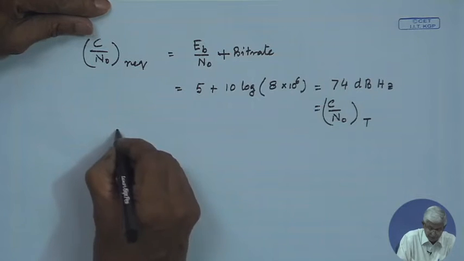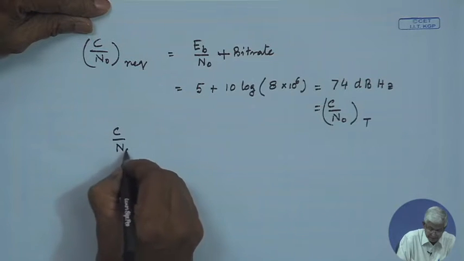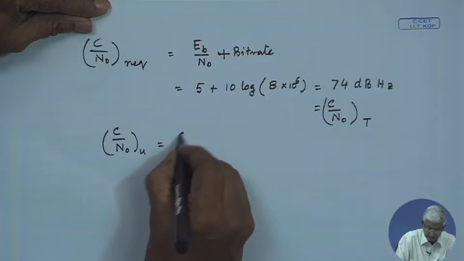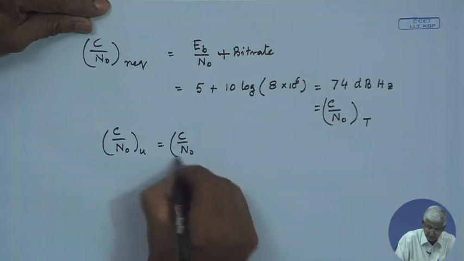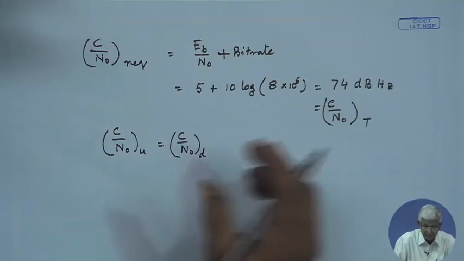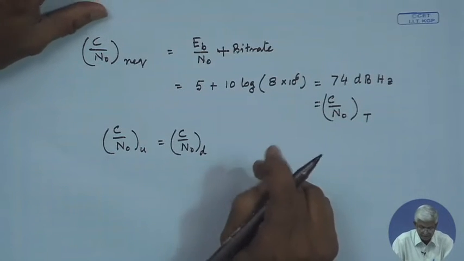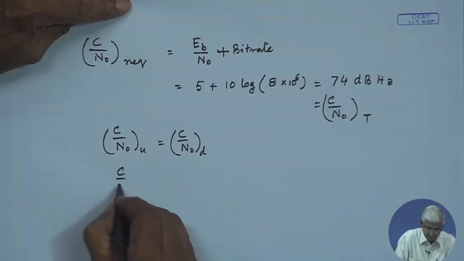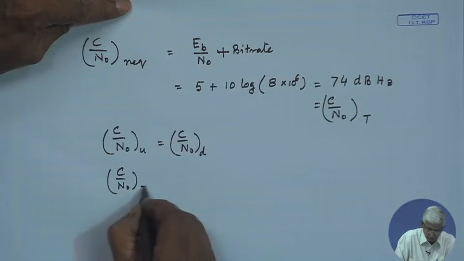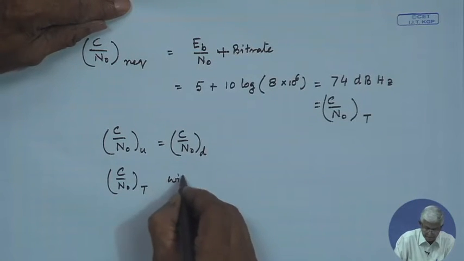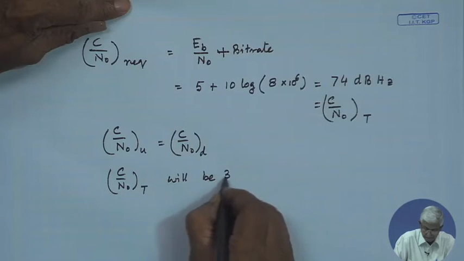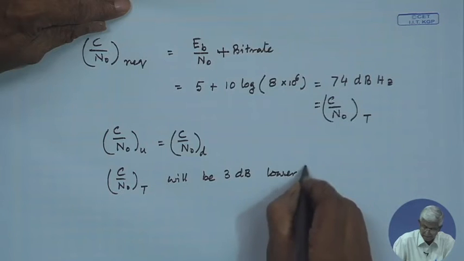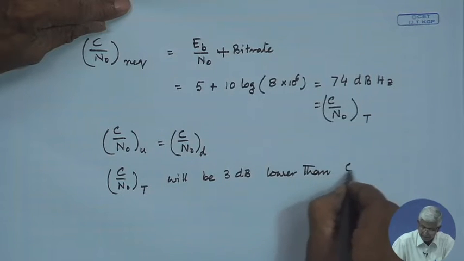Now if you remember, we said at the beginning that C by N naught of the uplink and C by N naught of the downlink are same because the same sizing is used, and if they are same, then C by N naught total will be 3 dB lower than any one of them.